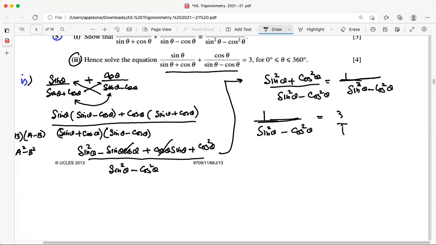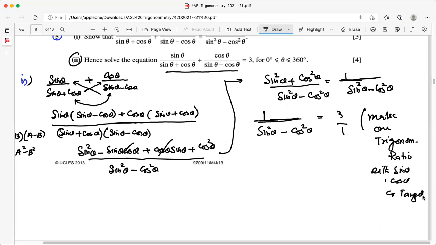So I will have to make one trigonometric ratio, either sine theta, cos theta, or tan theta.